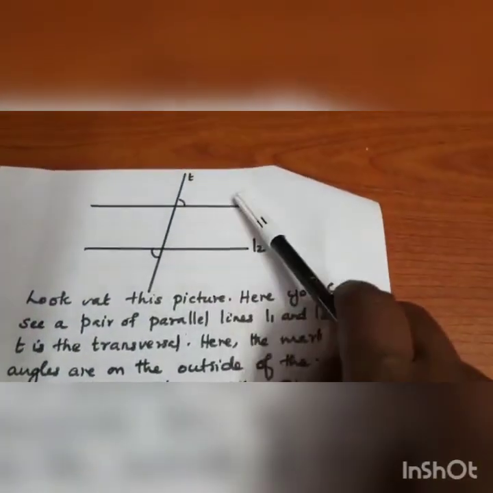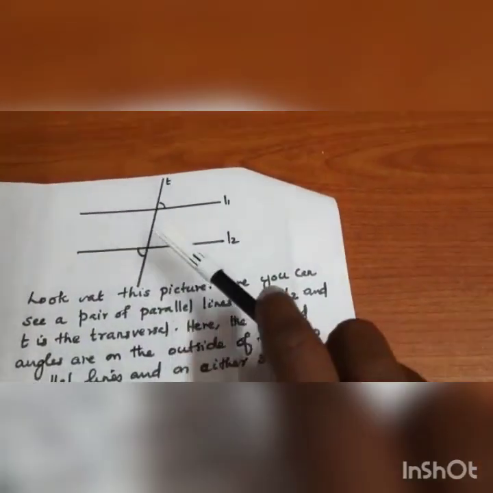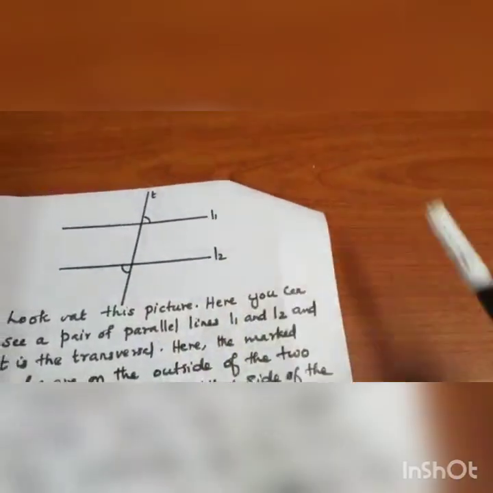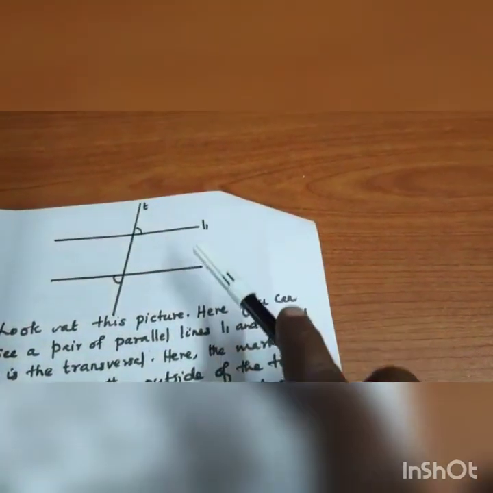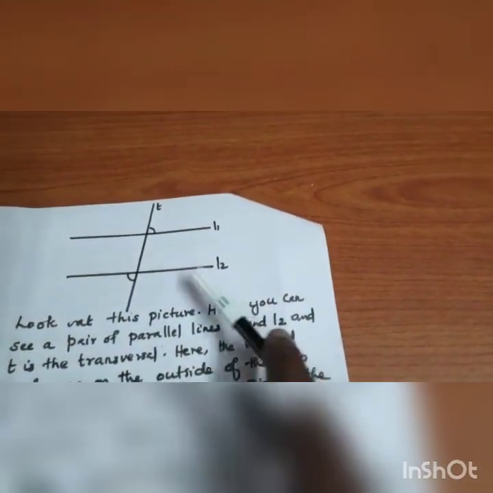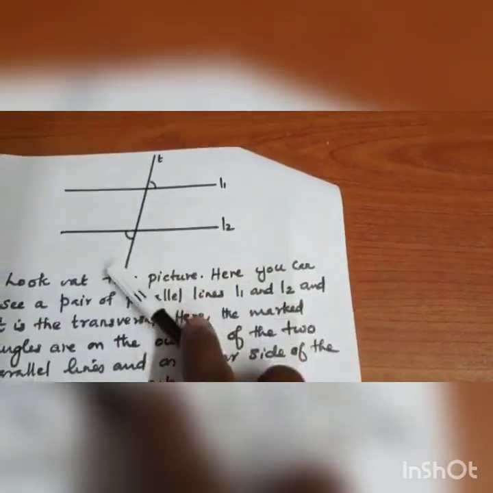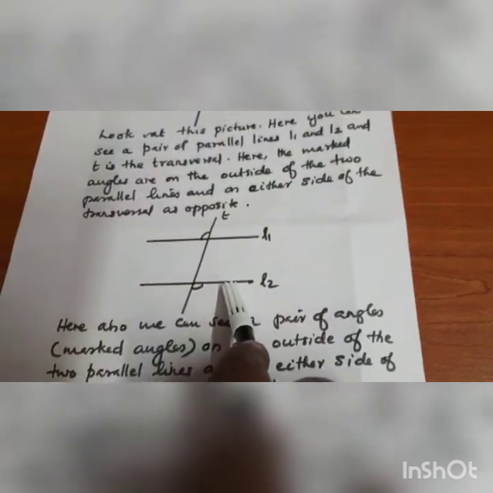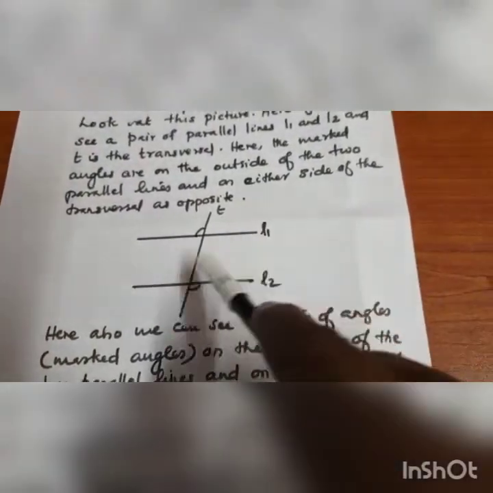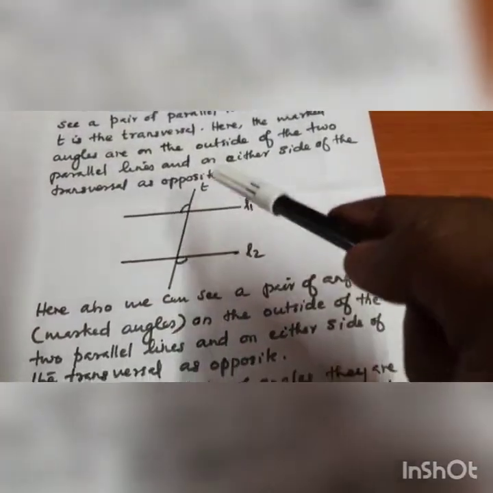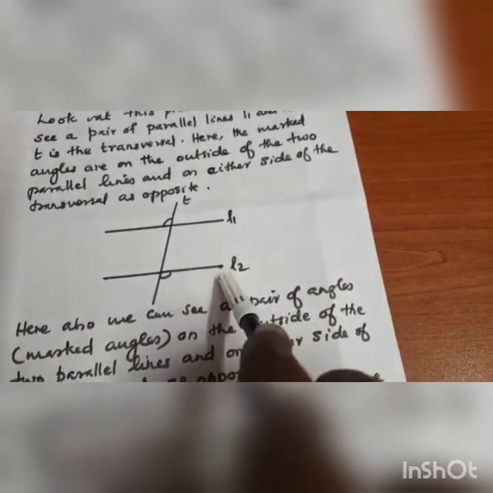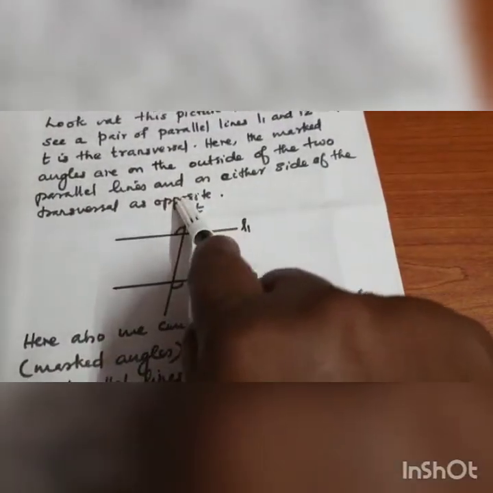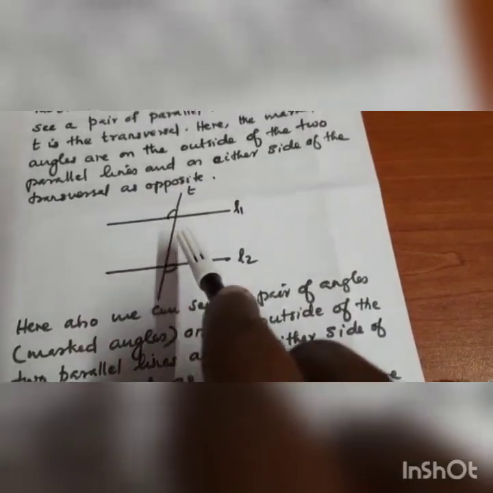Here also is another pair, outside the parallel lines L1 and L2 and on either side of the transversal, just as opposite angles.